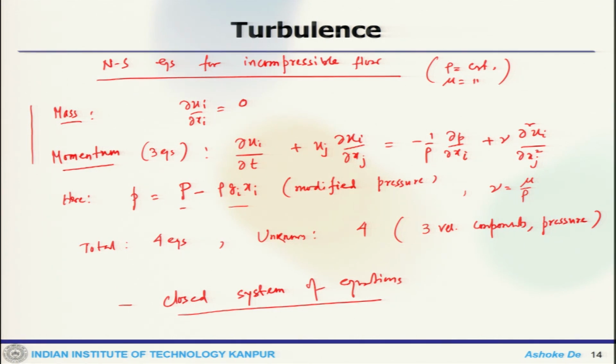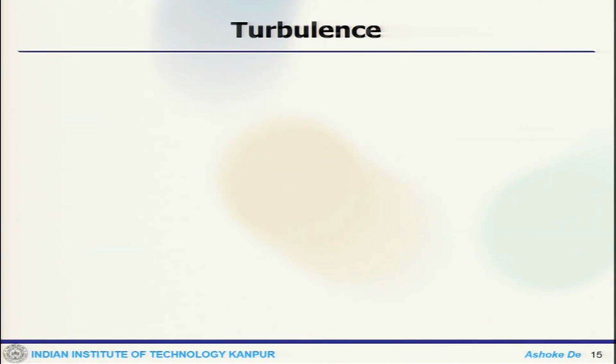Now, we look at what is a well posed problem. What is that? Now, one can think about a closed system of partial differential equations, a closed system of PDEs.